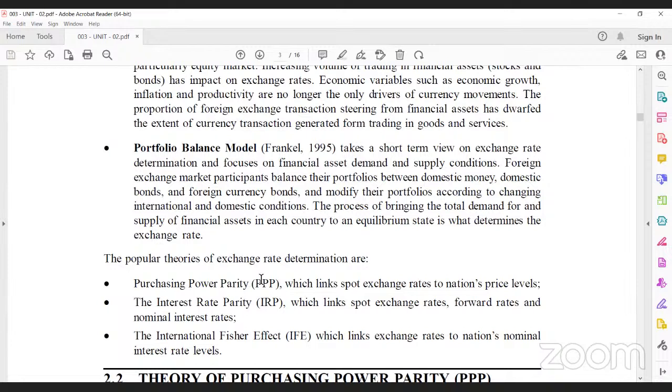They also focus on portfolio modifications, which are based on changes in international and domestic conditions. Again, in the portfolio balance model, the determination of the exchange rate depends purely on the total demand and supply of financial assets in the respective country.